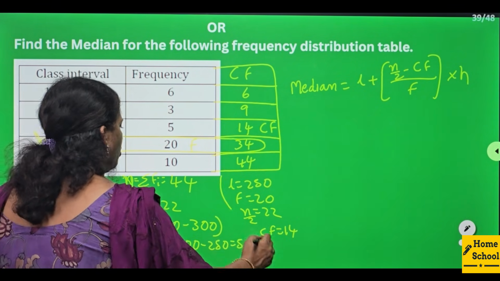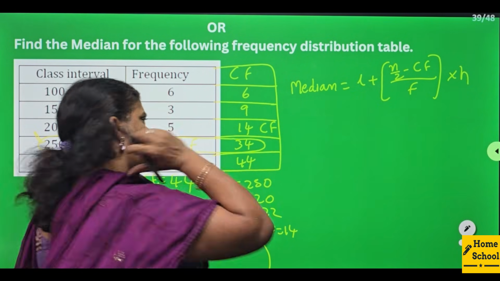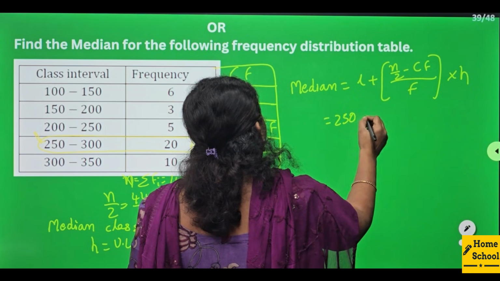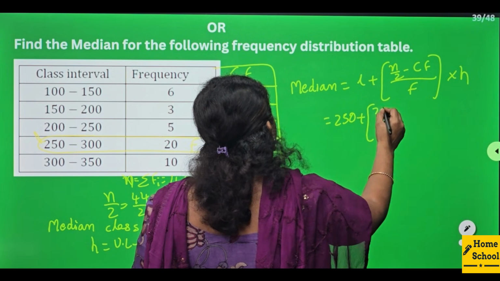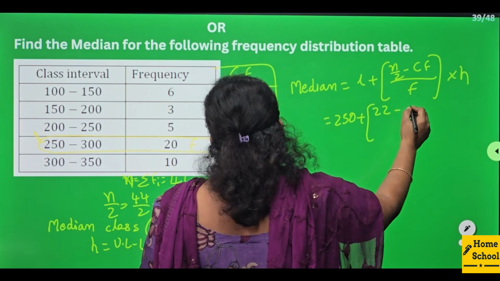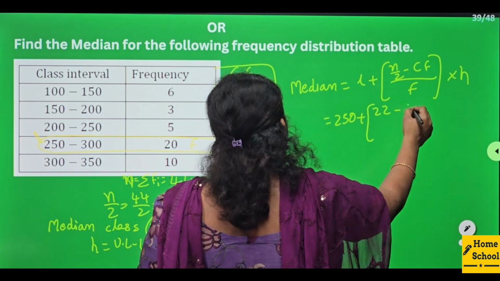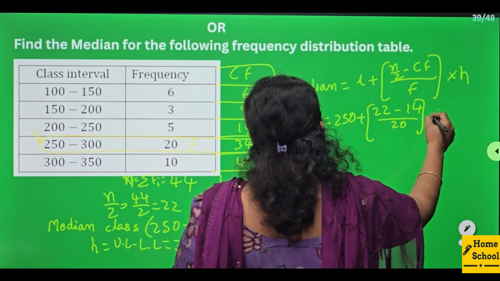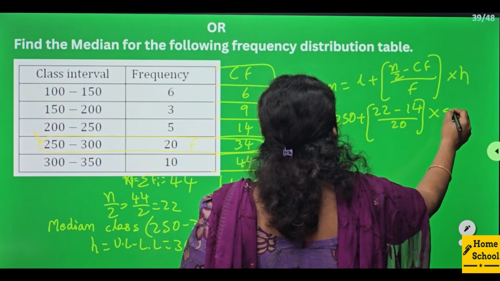Now substitute all this in the formula. Median is equal to L, 250, plus N by 2, 22, minus CF, 14, by F, 20, into class size, 50.